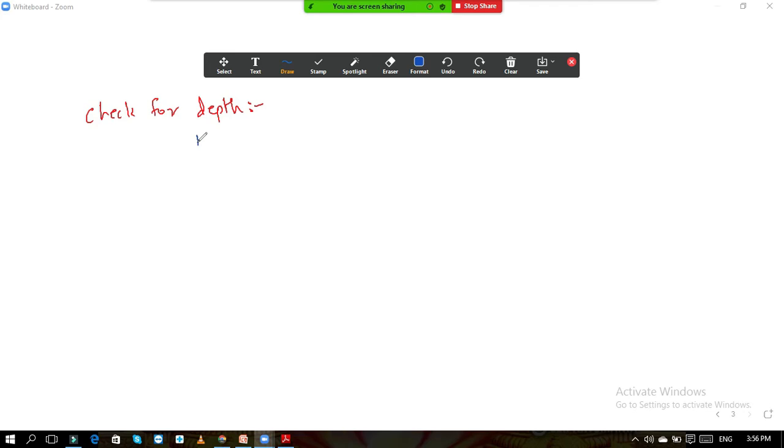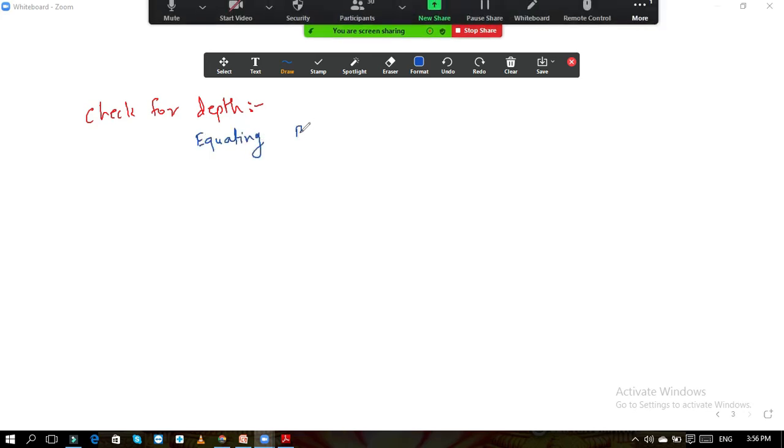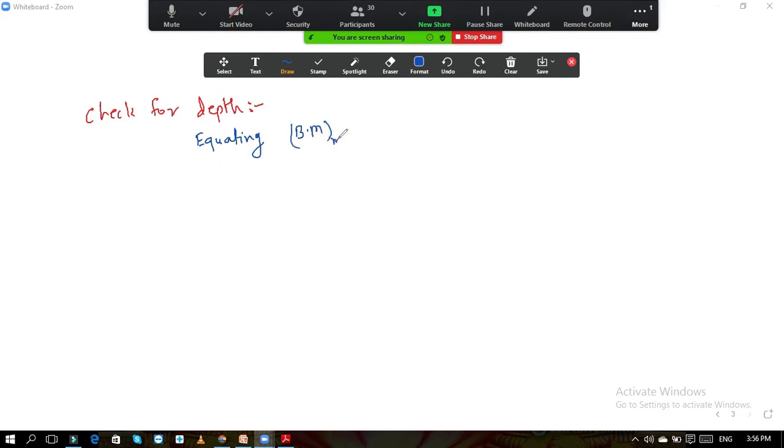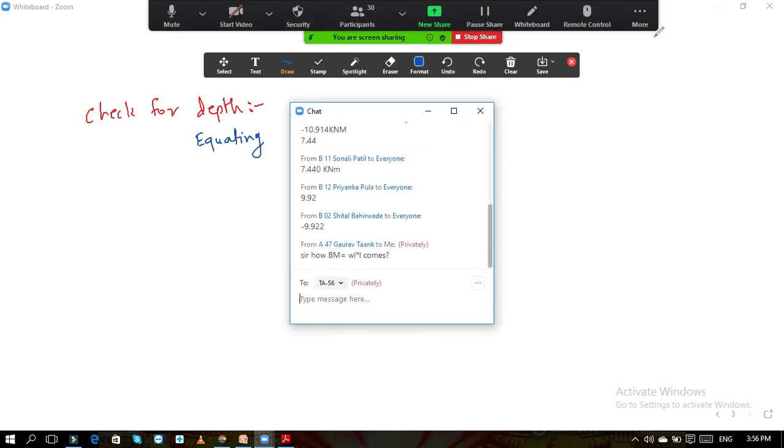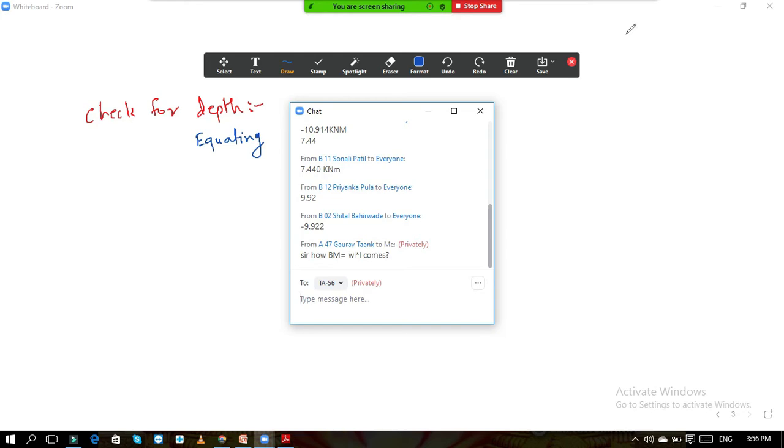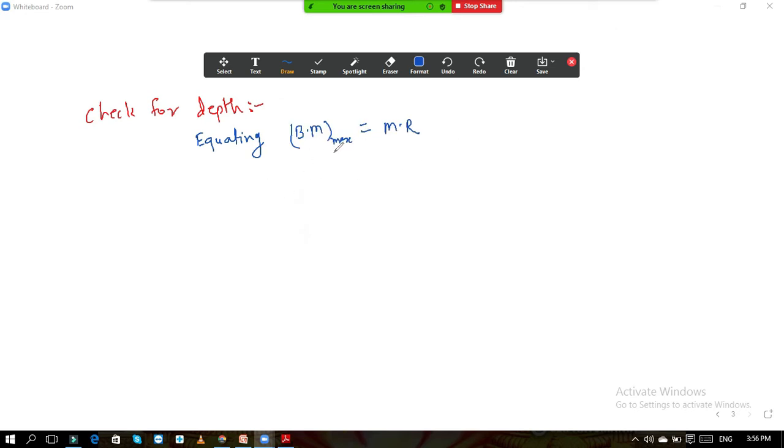So equating maximum bending moment to moment of resistance. So maximum bending moment equal to MR. So what is the maximum bending moment? It is 10.91.